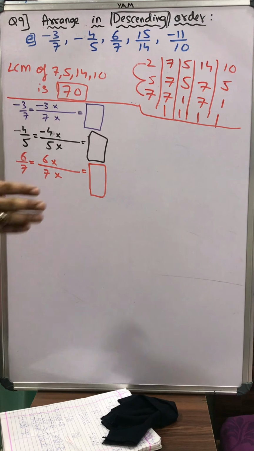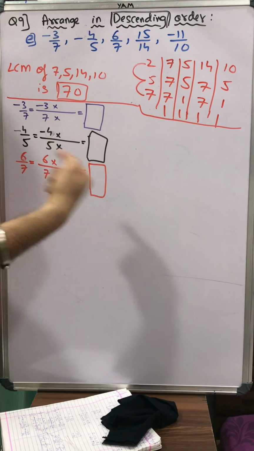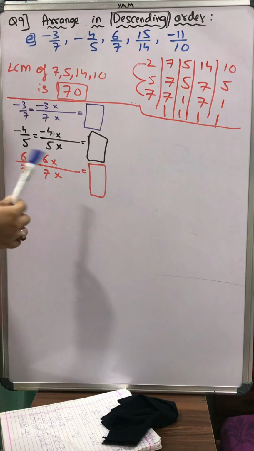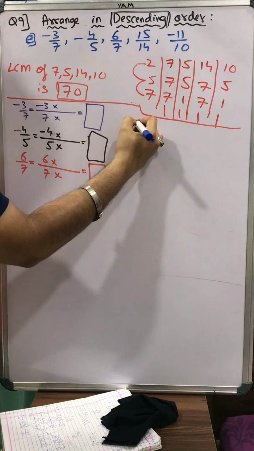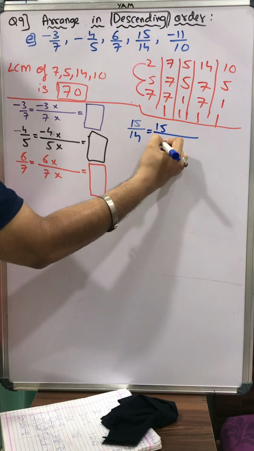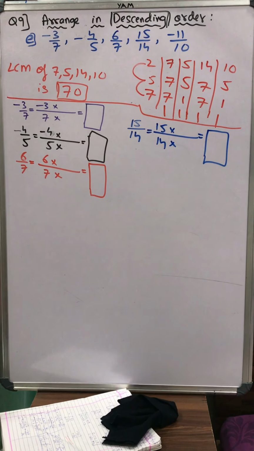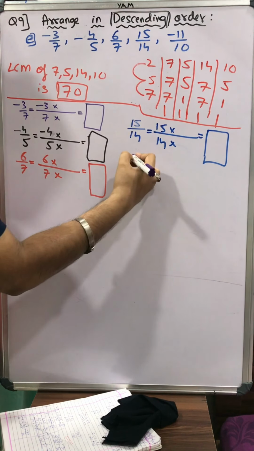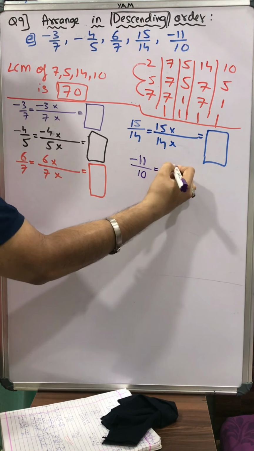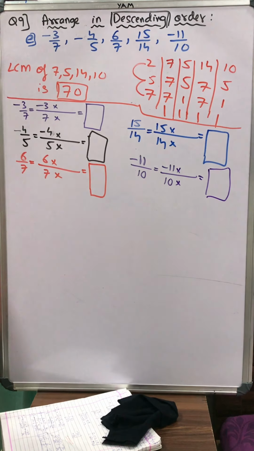I always tell you students, always leave lines and present it well. You should not do it on the right hand side, but I don't have space, that's why I'm doing it on the right hand side. Next after 6 upon 7 is 15 upon 14, so 15 upon 14 is equal to 15 upon 14, multiply is equal to a box. And last is minus 11 upon 10, which is equal to minus 11 the whole upon 10, multiply is equal to an empty box.